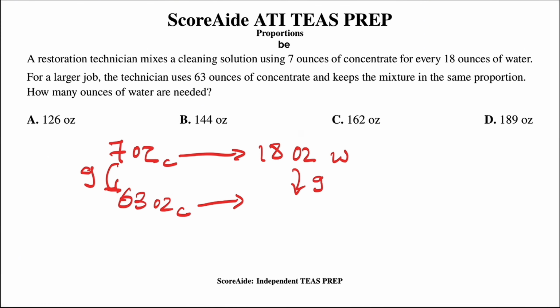So we will be looking at 18 times 9, which is 162 ounces of water. You see that? So the answer here is going to be C.